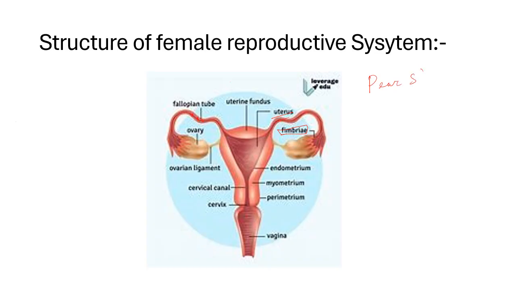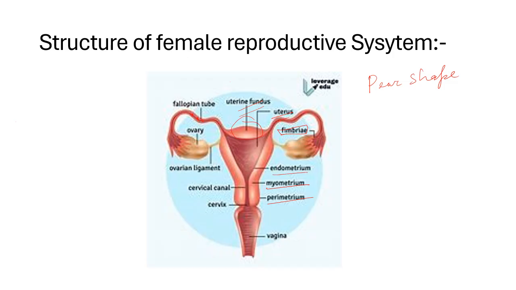The upper portion of the uterus is known as the uterine fundus. The uterus mainly has three layers: the outer layer is known as perimetrium, the middle layer is known as myometrium, and the inner layer is known as endometrium.